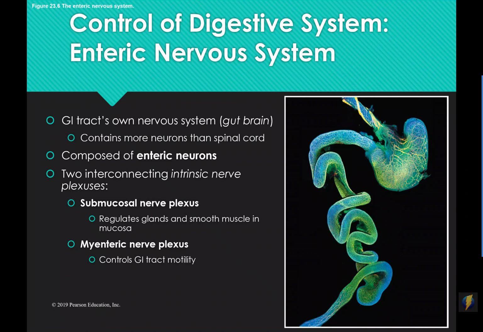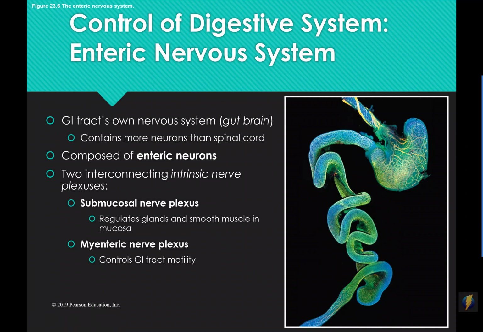We refer to the digestive system's nervous system as the enteric nervous system, or the gut brain. And it is very, very well nerve networked. You can see all of this yellow and green here on the stomach and intestines. All of that is nerves, nerves everywhere.